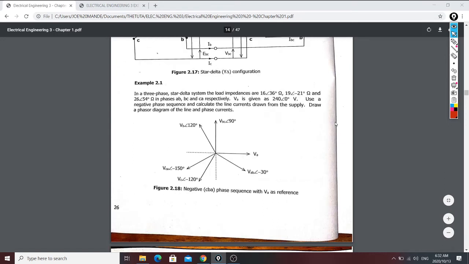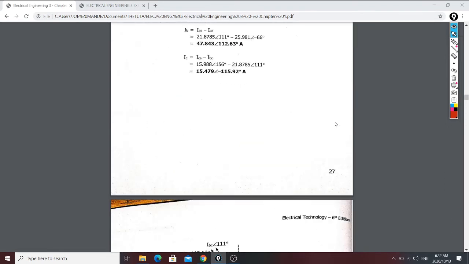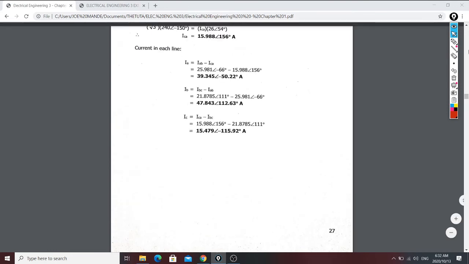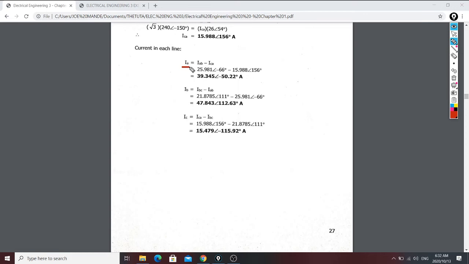If you look at the previous video on how to deal with a load, you will get a clearer view of it. Automatically, after you apply your first Kirchhoff law at junction A, you can see that this is going to be the current, and you get your current as this. At the second junction, B, you get this as the current IB.